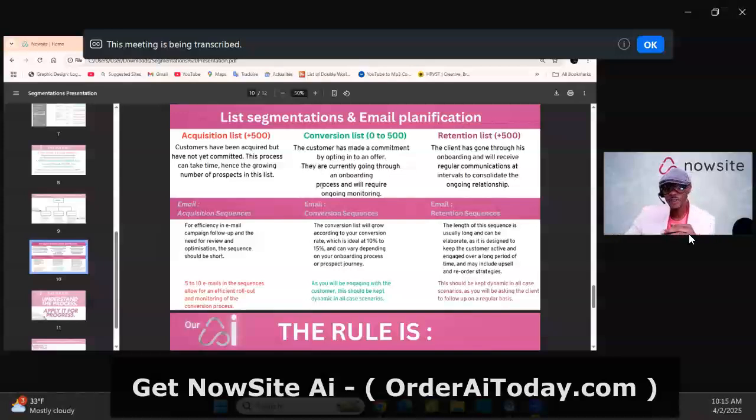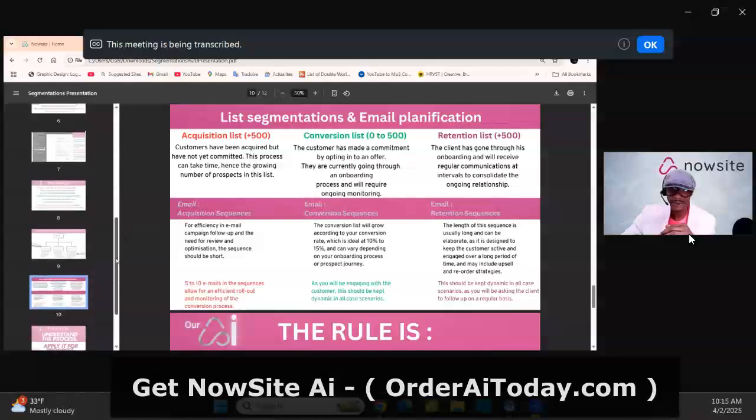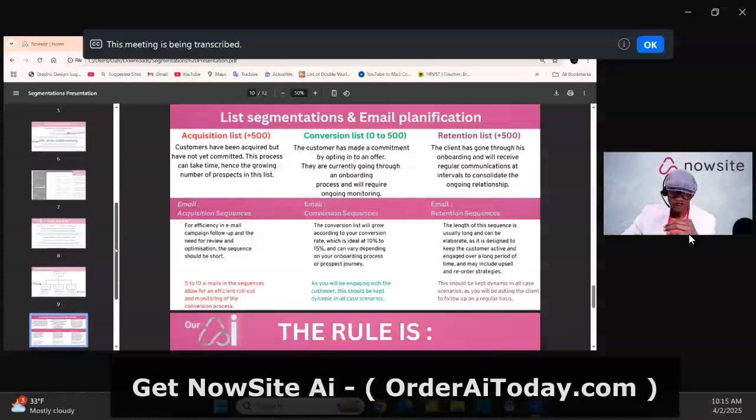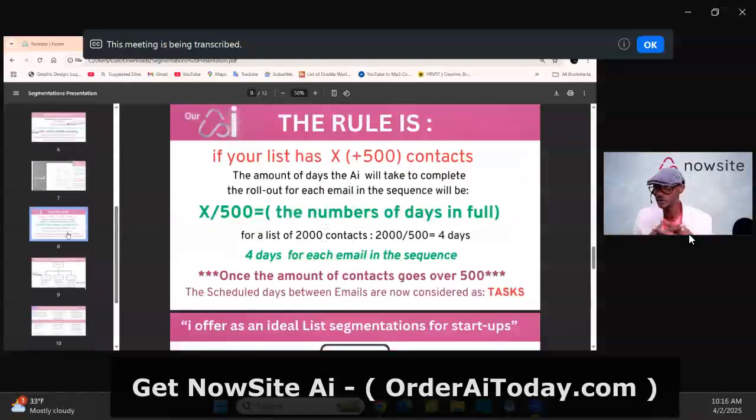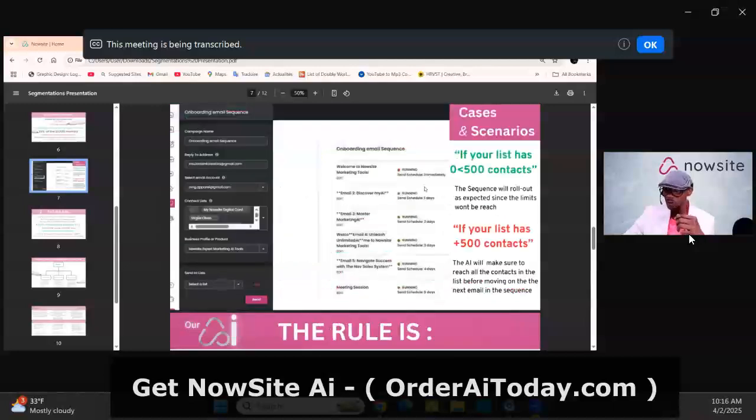Okay. And speaking of the rule, coming back to that conversation, the one thing to understand is that when we are using our list, when they are at 500 and under, as we generally all understand, when we're rolling out an email campaign, the sequence that we have set forward in terms of days will be met.